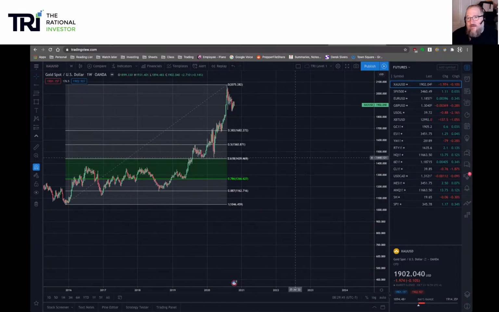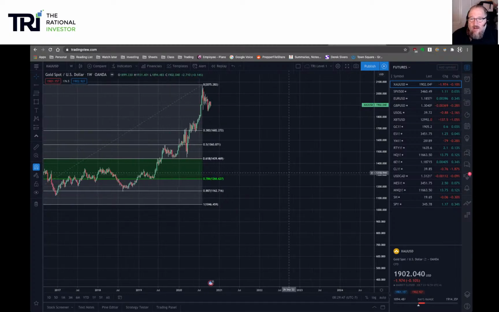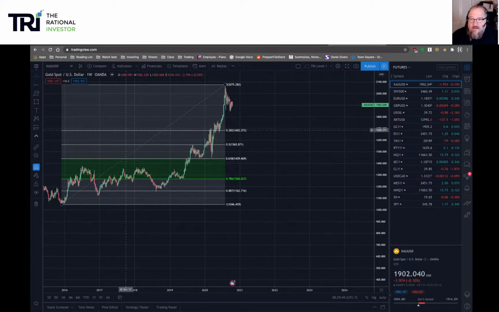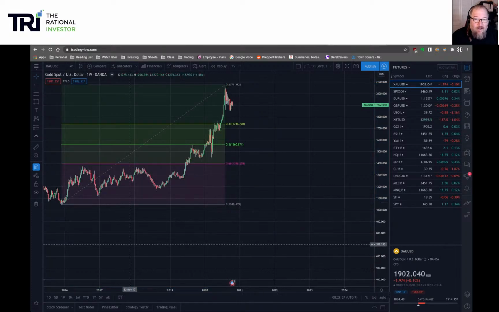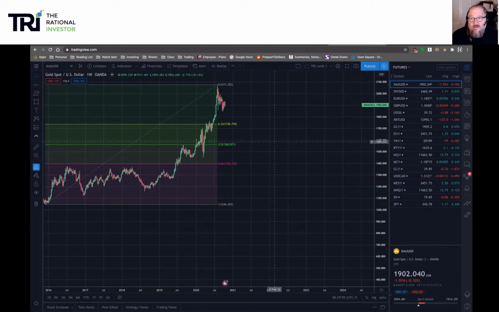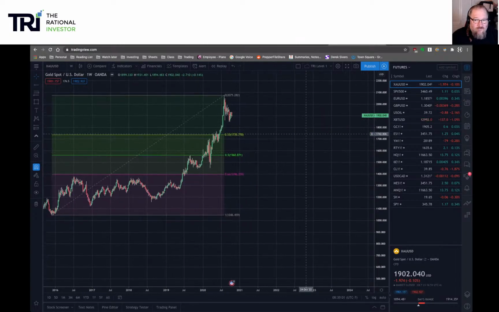In practice, what I do when I trade is, let's say I was looking at this for a potential trade and I'm following along. I've got a template set up for the bot as well. The bot uses non-Fibonacci levels: 33%, 50%, 66%.